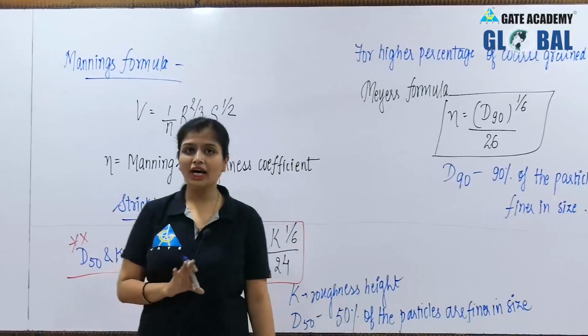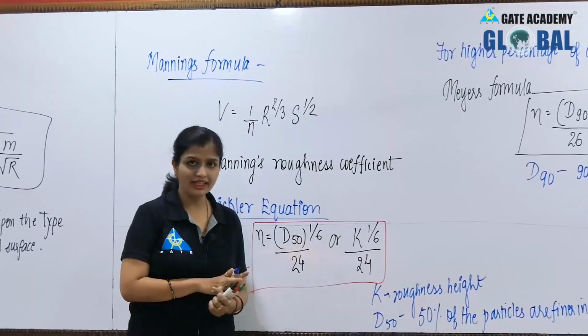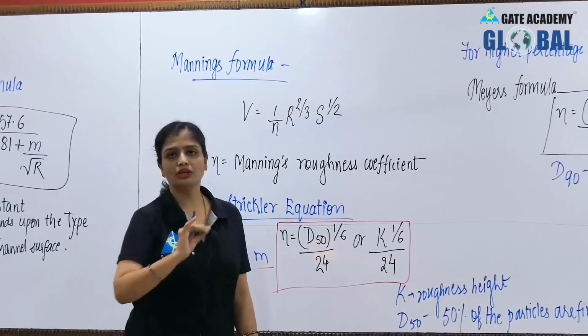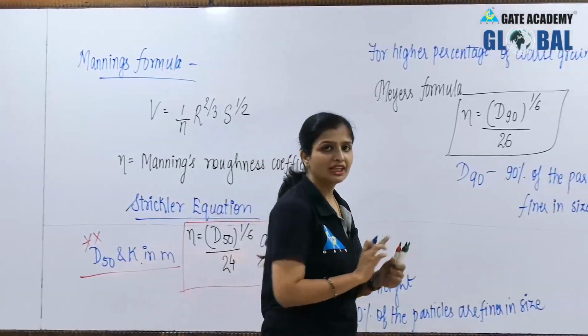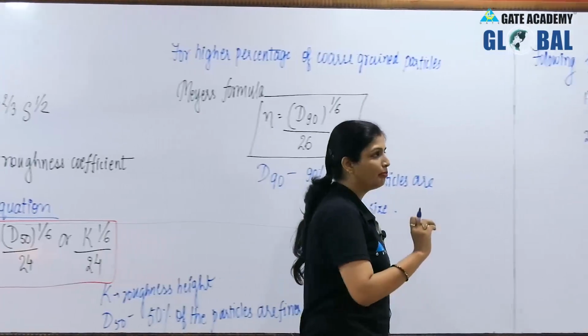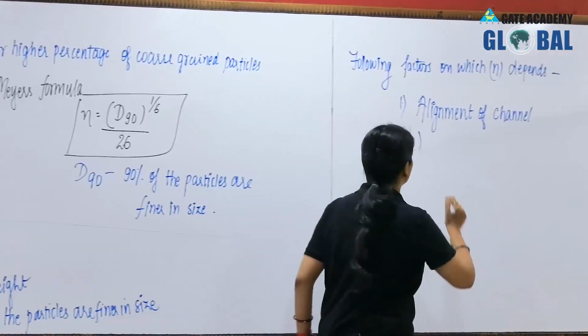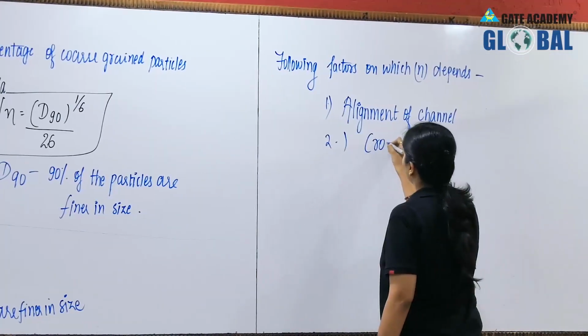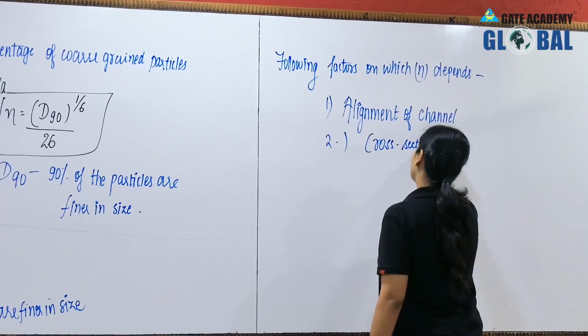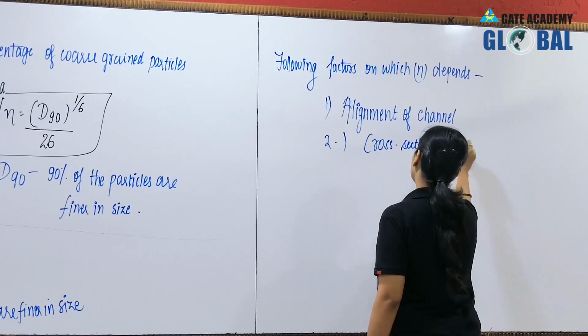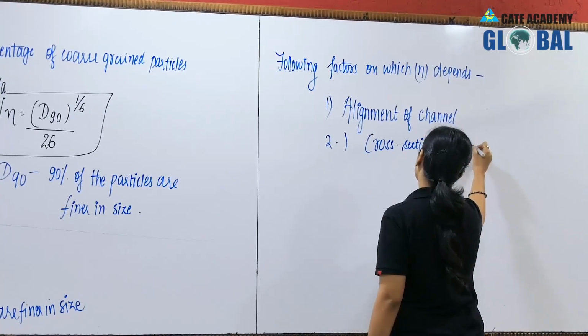And what is this r? R is your hydraulic radius, which is area to the perimeter. So does it depend upon the cross section? Yes, n depends upon the cross section. So I can write here cross section irregularity.